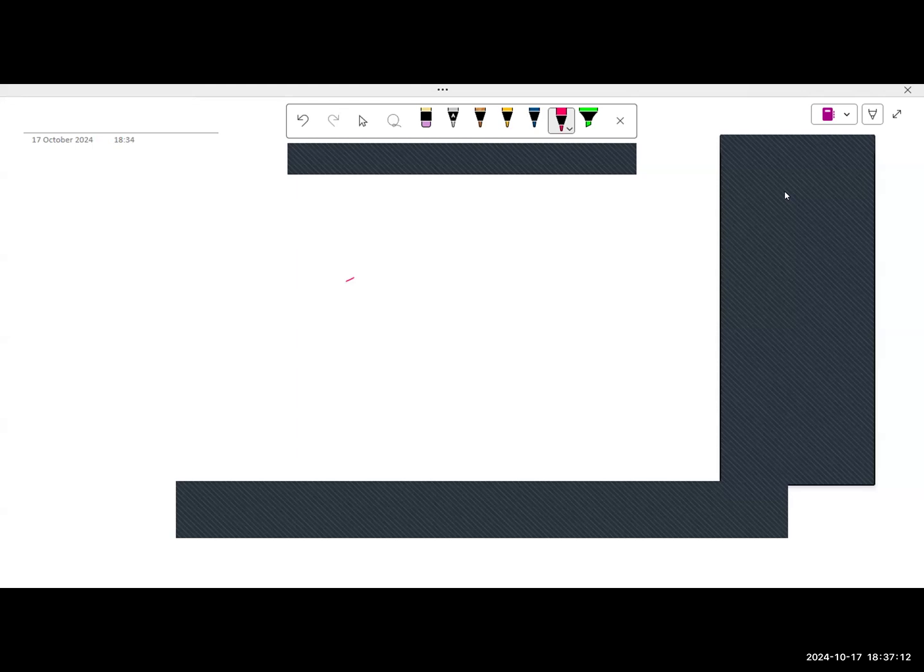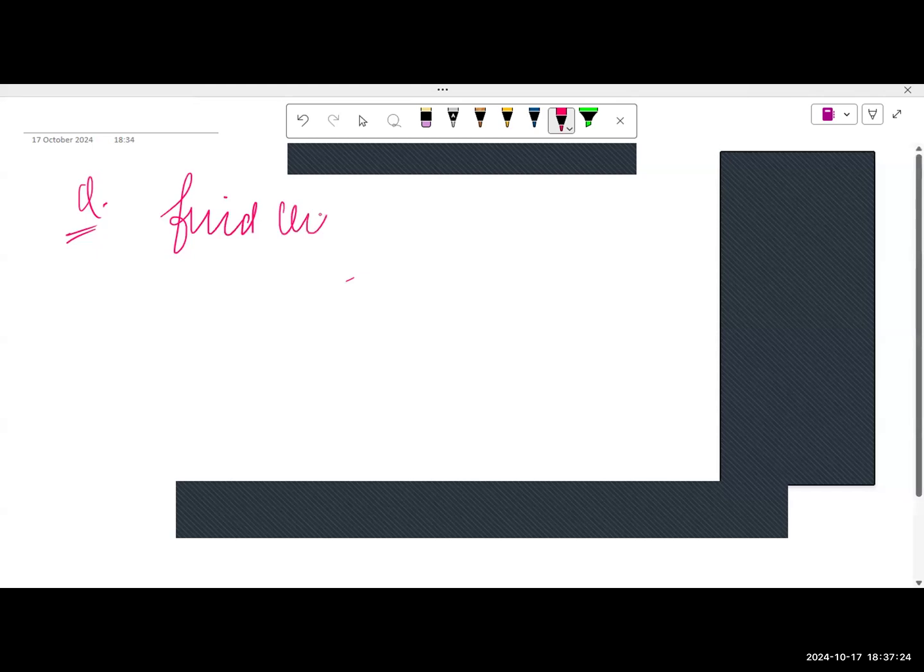I practiced with you some questions where we had to express and simplify, right? Now you have another question. You have to find the value of (2/3)^-2. This is the first question.